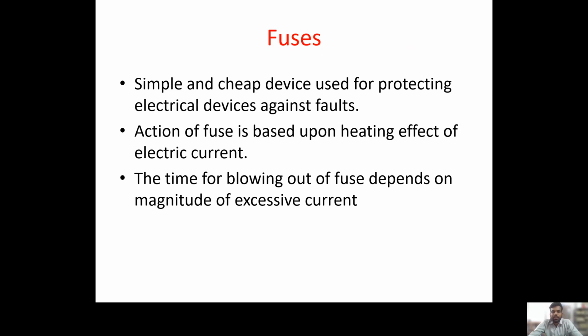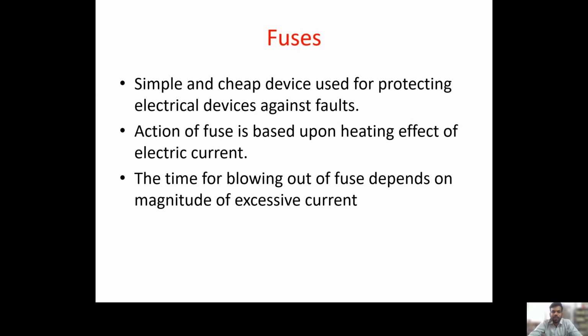As we know, a fuse is made up of some small wires or some materials, and it works based upon the heating effect. If the normal rated current is flowing through the wires, then there is no heating. If an excess amount of current flows through the links or the wires, then the fuse gets heated up.